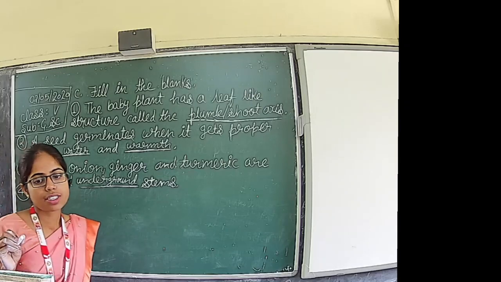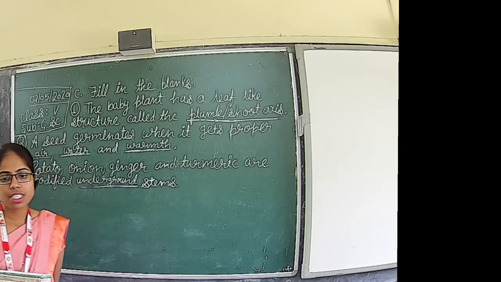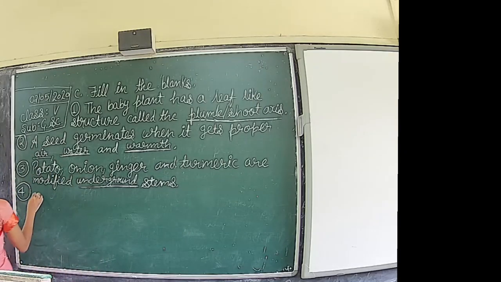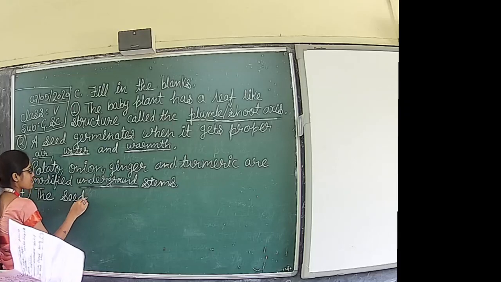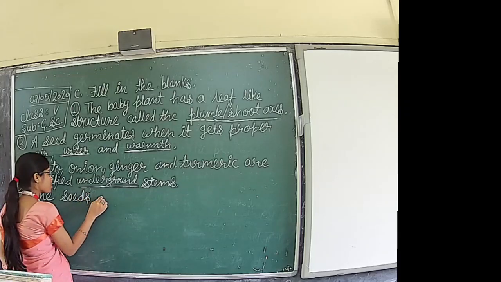Question number 4 is, the seeds of drumstick plant. What is drumstick plant? I told you, this helps in controlling blood pressure and increasing the amount of blood in your body.